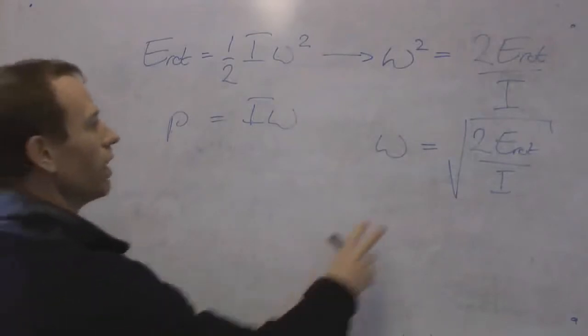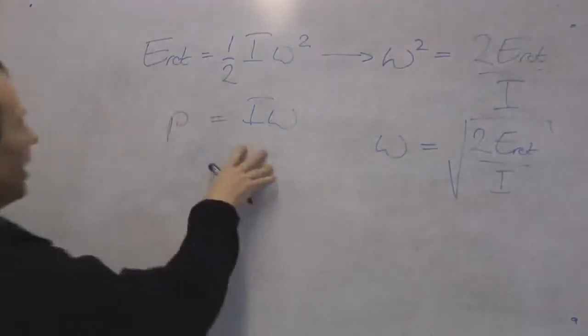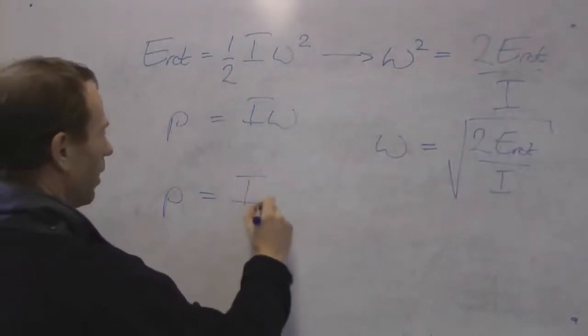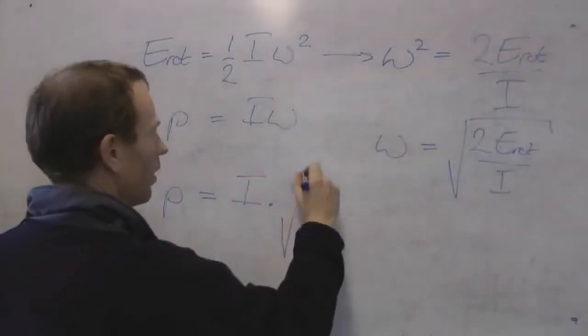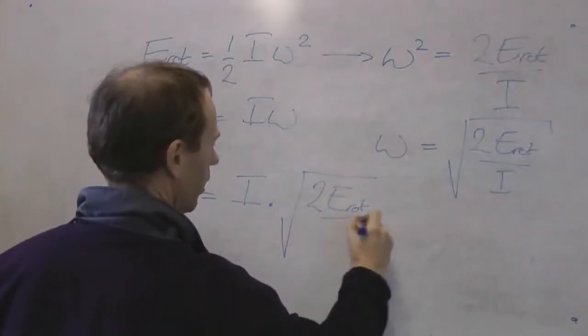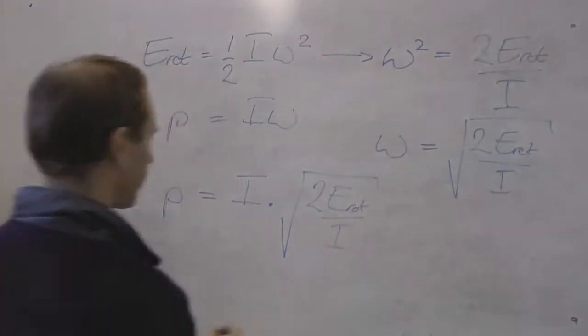What we can now do is substitute this expression in here, so we get P equals I multiplied by the square root of 2 E rot over I.